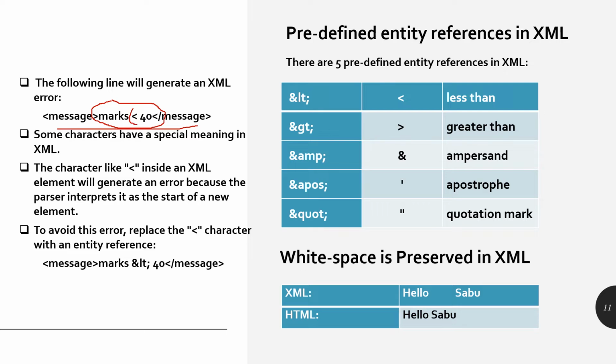Here the less than symbol may confuse the parser about whether it is the beginning of a tag or not. At that time it may raise an error message. To avoid that problem, we can write it like this: marks ampersand lt semicolon 40.